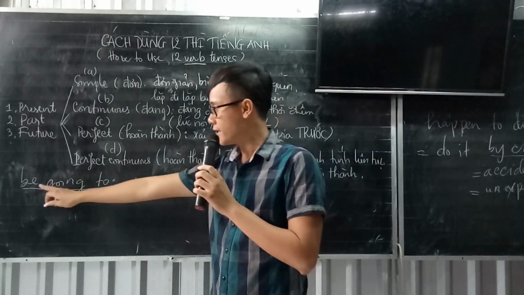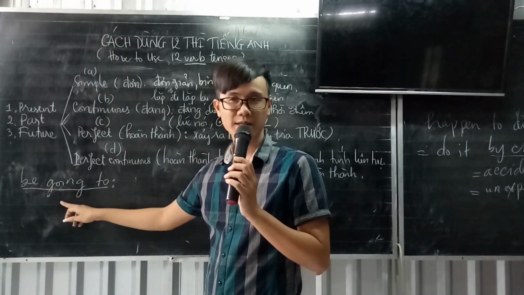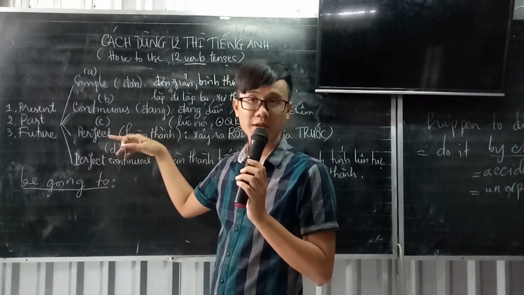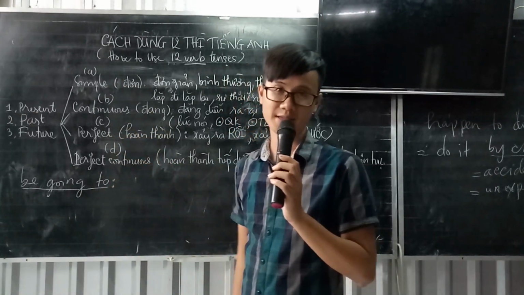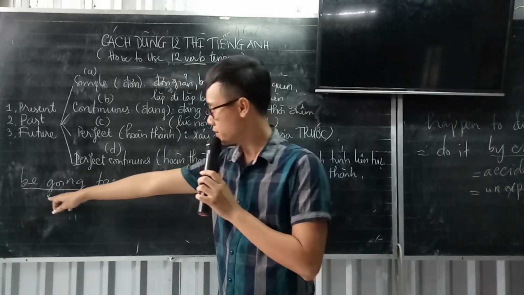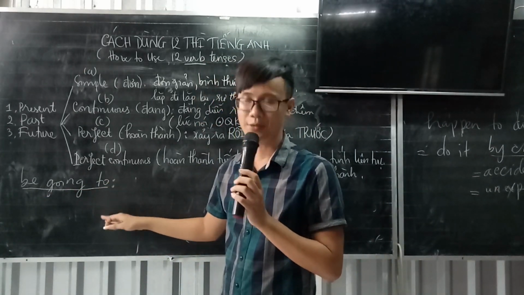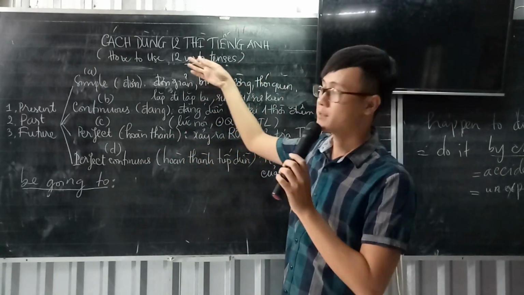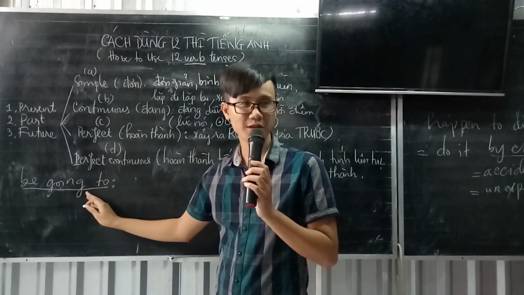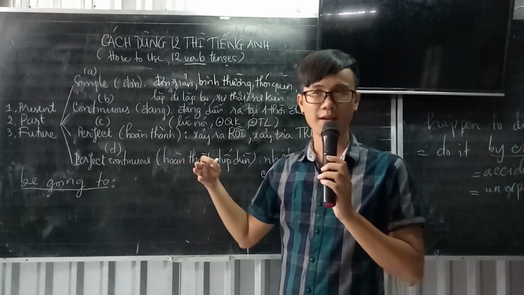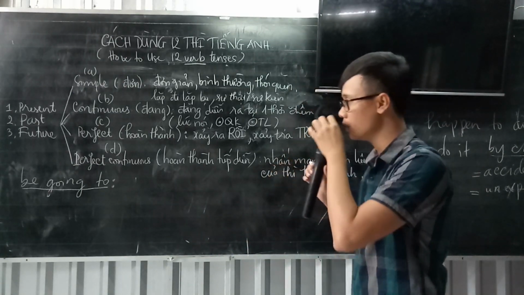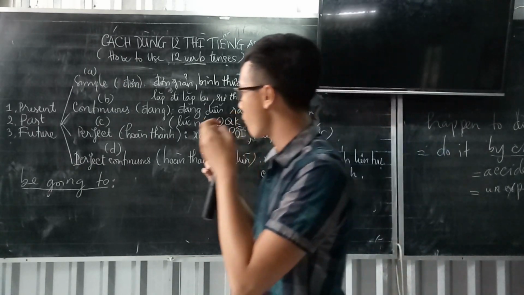So if we take this into consideration, we have 13 tenses in total. But as I have mentioned, this is not really a tense, so we usually have 12 tenses in total, and this is another structure to express a future tense.